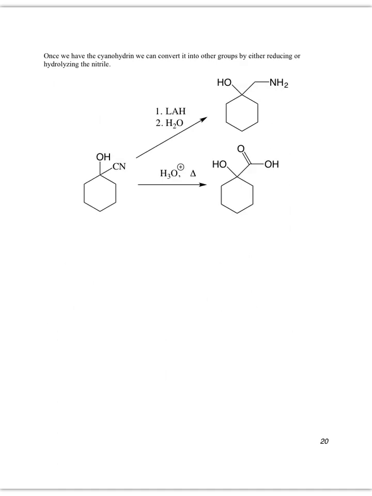Once we have a cyanohydrin, we can either reduce the cyanide down to the amine, so the carbon of the cyanide ends up accepting the two hydrogens off of the LAH to reduce it down to the primary amine, or we can cleave with H3O plus, with acidic water, cleave the cyanide to the carboxylic acid.